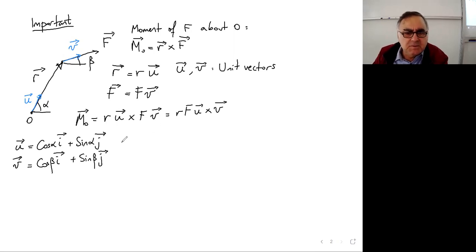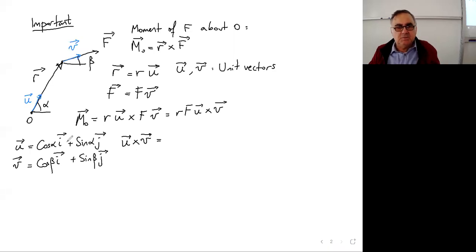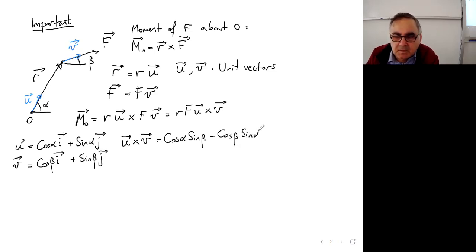So if you do this, U crossed with V will give you cosines and sines. If you multiply them, you can do the multiplication yourself. i cross j is k, i cross i is 0, j cross i is minus k, etc. So U cross V is going to give you the following: cosine alpha sine beta minus cosine beta sine alpha in parentheses of k.